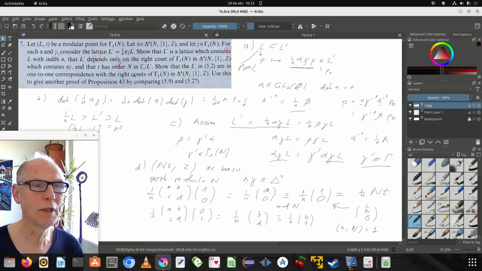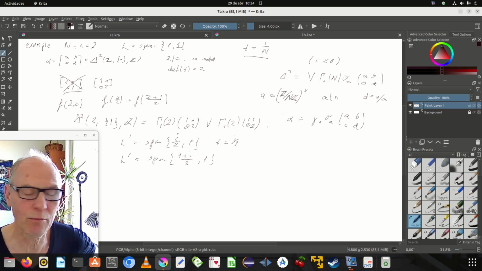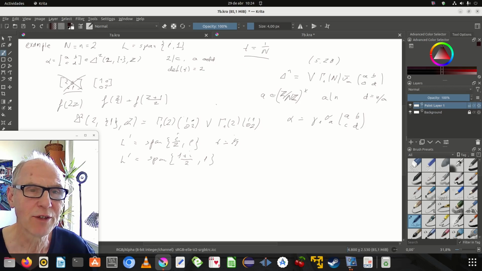That actually ruins my idea here. Because my point was that when gamma was a unit matrix, then it would have order n.